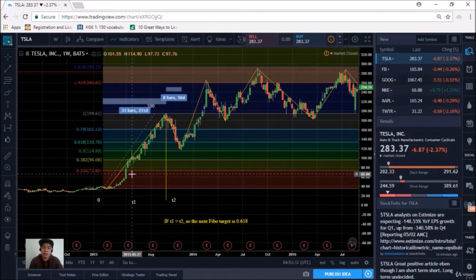From the theoretical knowledge that we learned before, most of the time, about 70%, retracement goes to 0.618 and 0.382. And 0.5 is also considered quite normal, but it's not as frequent as 0.618 and 0.382.